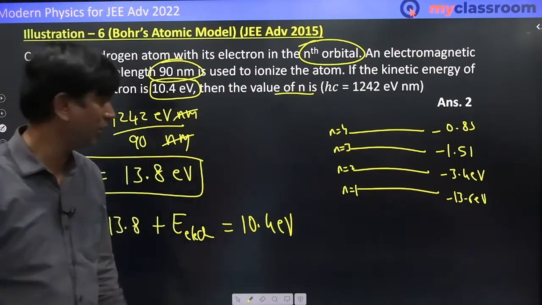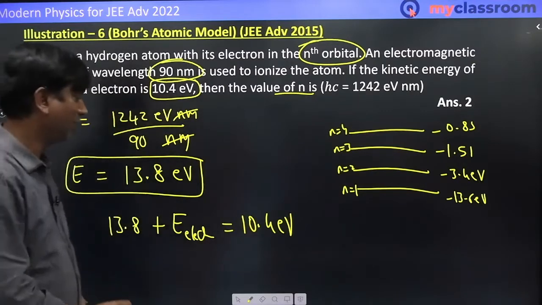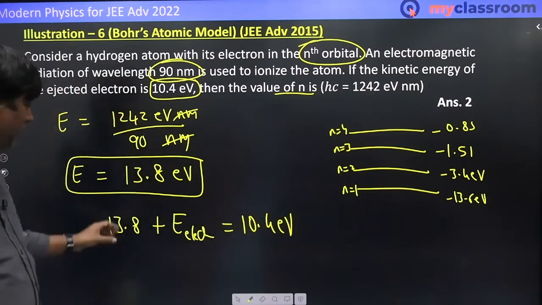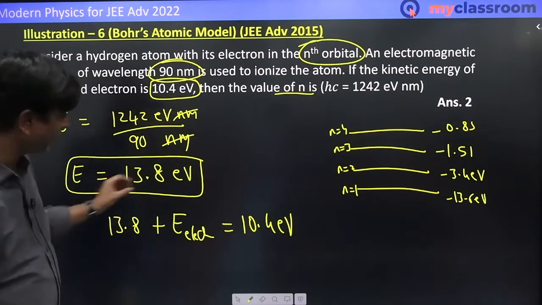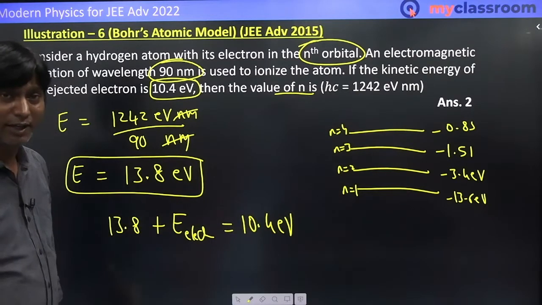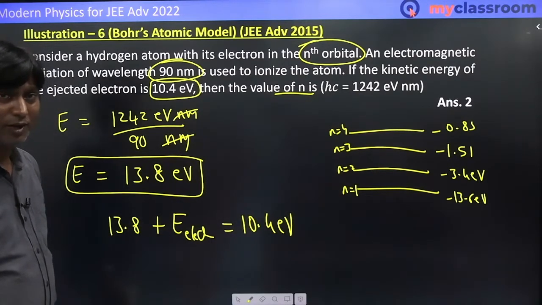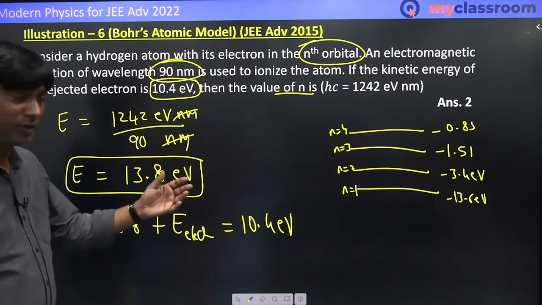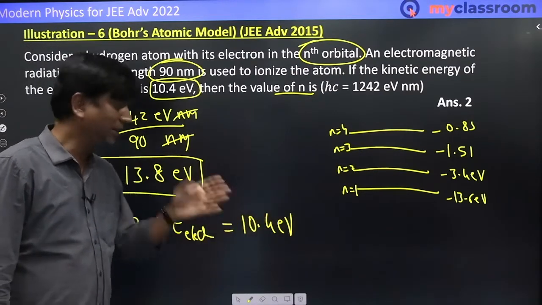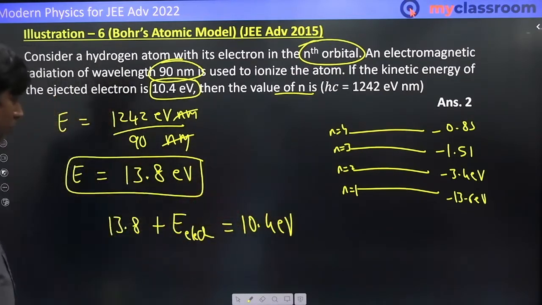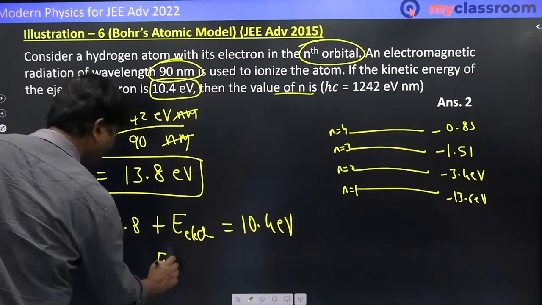At infinity the potential energy is 0, but kinetic energy is there. Potential plus kinetic: initially, the electromagnetic radiation is taken by the electron in the nth orbit, and after taking that, the electron goes to infinity. Potential energy is 0, plus it still has kinetic energy of 10.4 electron volts. What is the energy of this electron?